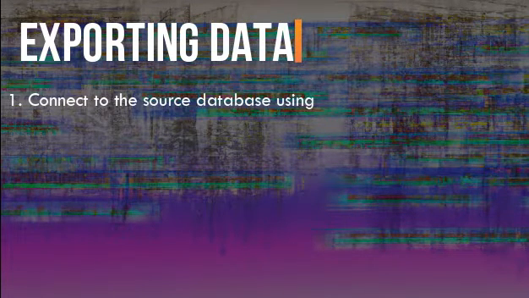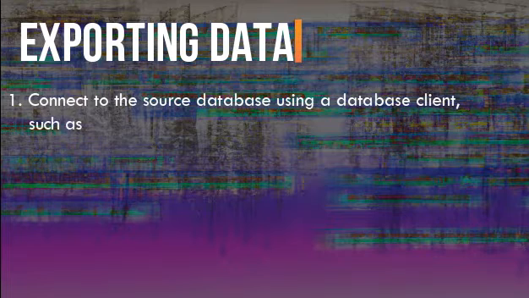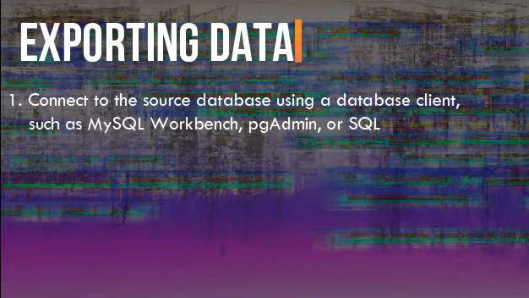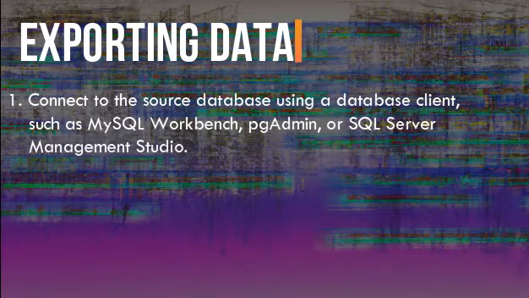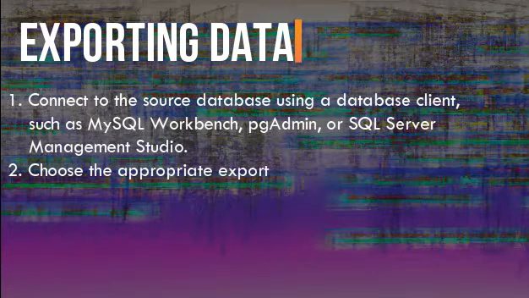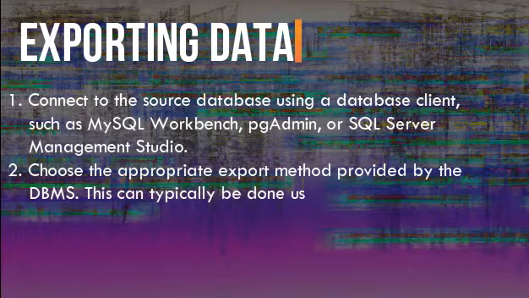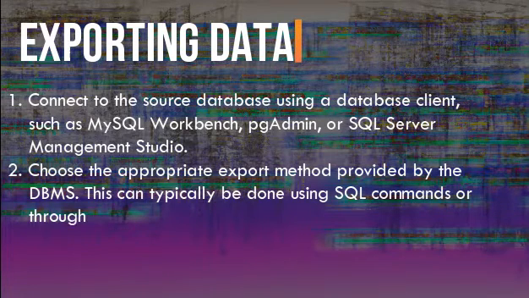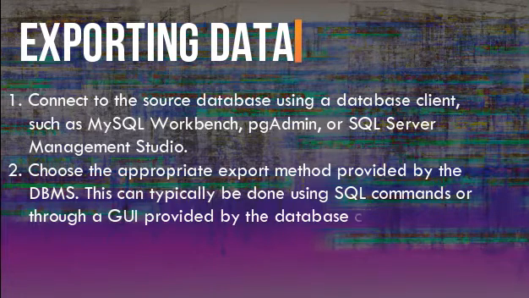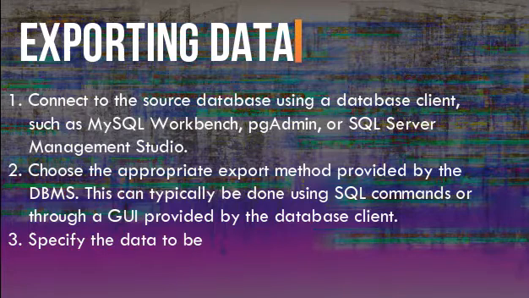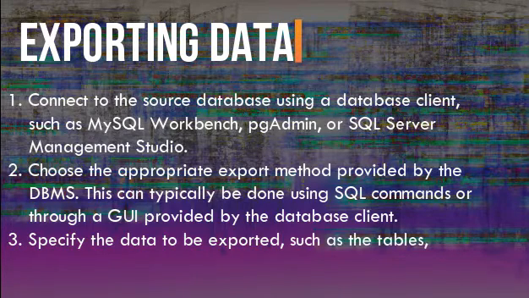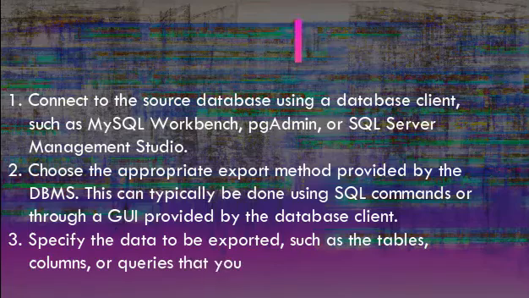Connect to the source database using a database client, such as MySQL Workbench, pgAdmin, or SQL Server Management Studio. 2. Choose the appropriate export method provided by the DBMS. This can typically be done using SQL commands or through a GUI provided by the database client. 3. Specify the data to be exported, such as the tables, columns, or queries that you want to export.